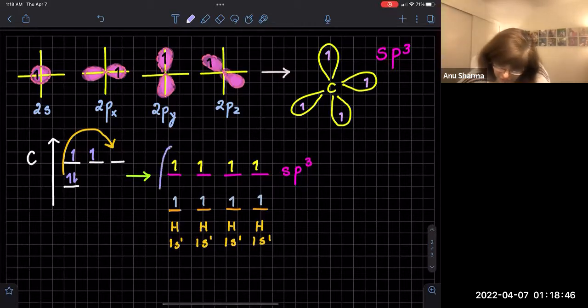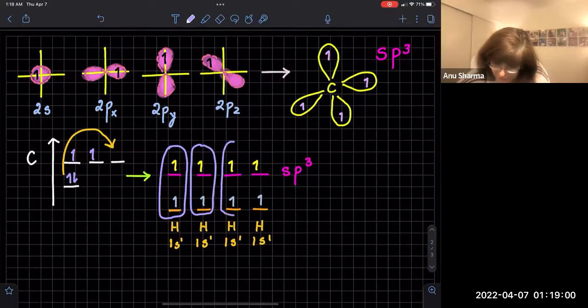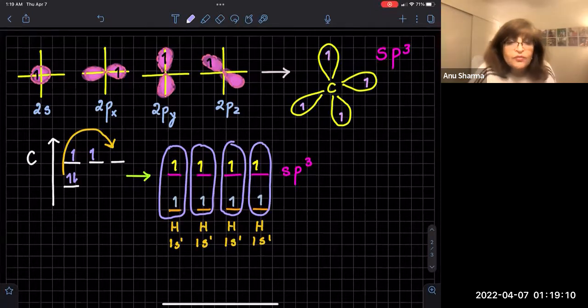So this orbital overlaps with this hydrogen 1s1. This one overlaps with this hydrogen's 1s1. This sp3 hybridized orbital overlaps with this hydrogen's 1s1. And here this one, sp3 hybridized orbital, overlaps with the hydrogen 1s1.